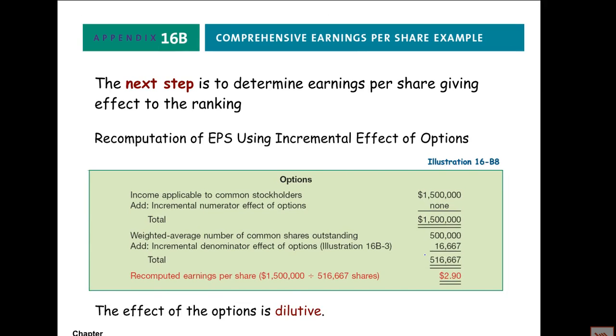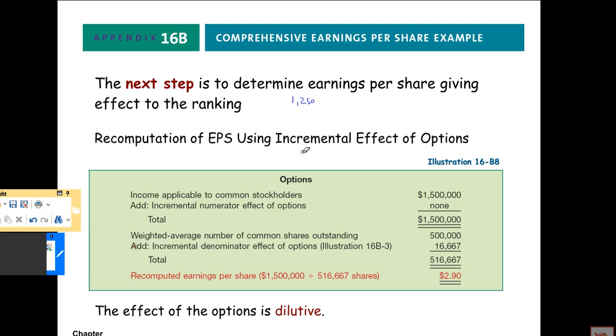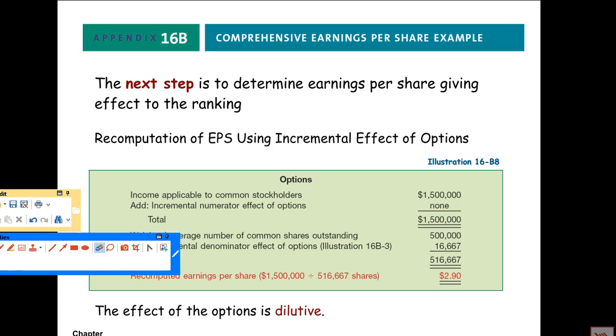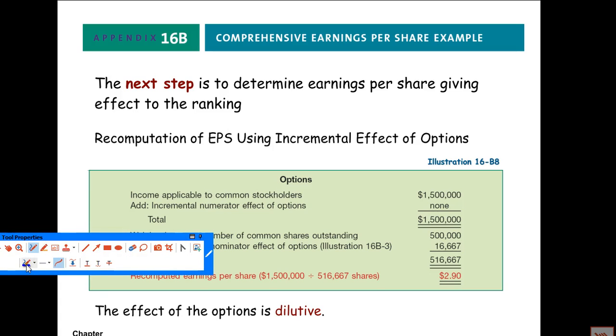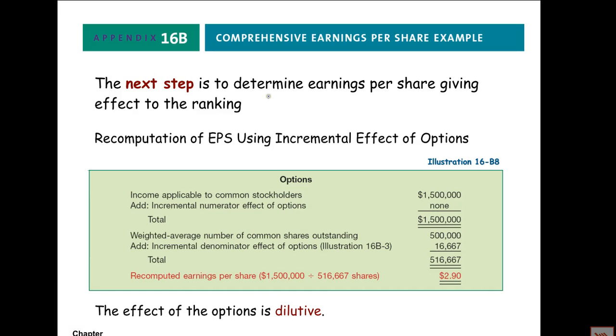Okay, so what are we doing here? Let's start with the core. If you remember, net income minus the preferred dividend was 1.5 million.